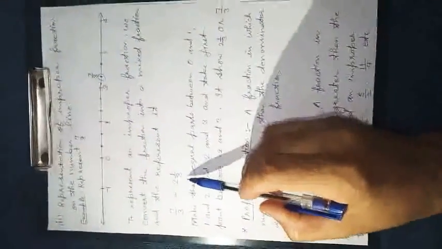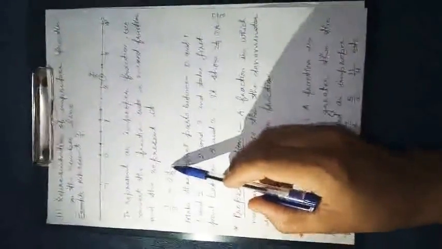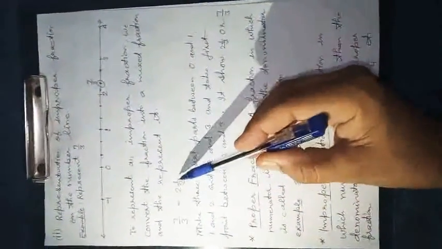So 2 1 by 3 is the fraction which we have to represent on the number line. In this fraction 2 is the whole part and 1 by 3 is the fractional part. So 2 is the whole part, therefore after 0 it is 1 and 2. We will take this distance and then we will represent 1 by 3 after 2.